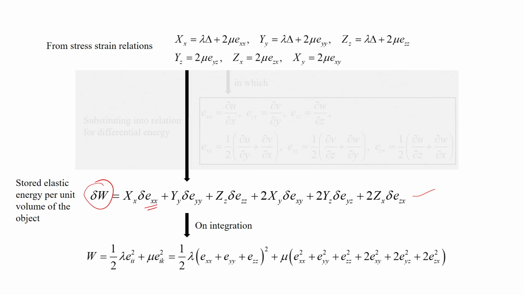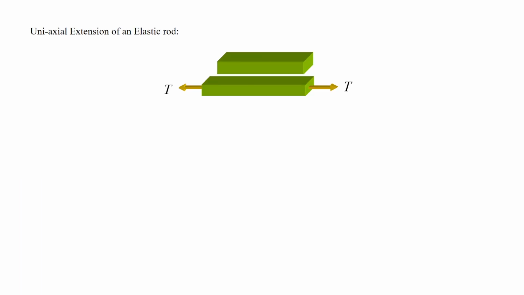We integrate this equation to obtain the total strain energy stored, and it comes out to be lambda by 2 into (Exx plus Eyy plus Ezz) whole squared plus mu into this particular quantity. We can also express this strain energy in some other form, which we will come to in a minute.